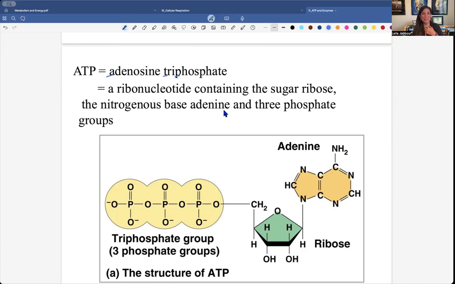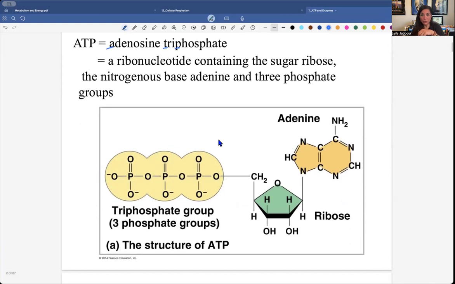So it's actually a ribonucleotide that contains the sugar ribose. Adenosine triphosphate contains the sugar ribose, the nitrogenous base adenine, and 3 phosphate groups.